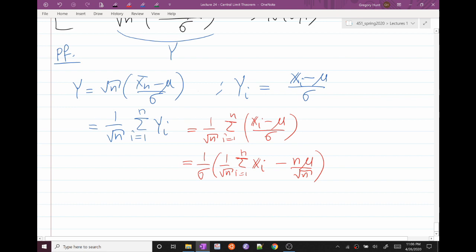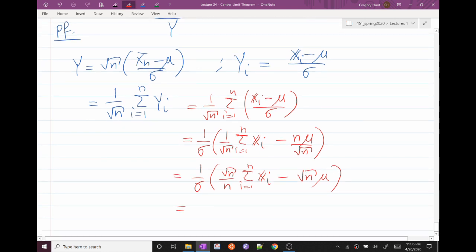And I can write 1 over root n as n over root n. This is n over root n, sum 1 to n, x sub i. I'm sorry, 1 over root n is root n over n. n over root n is root n, so root n mu.